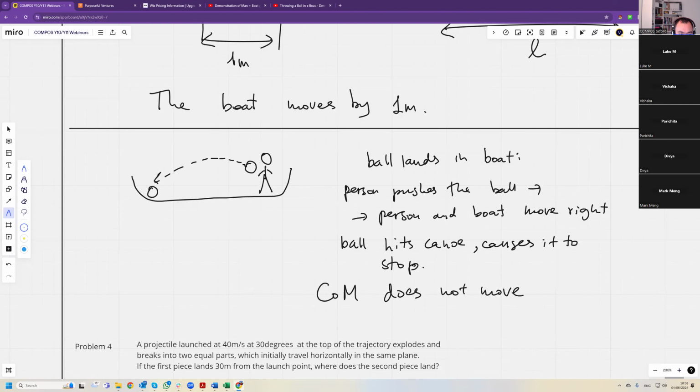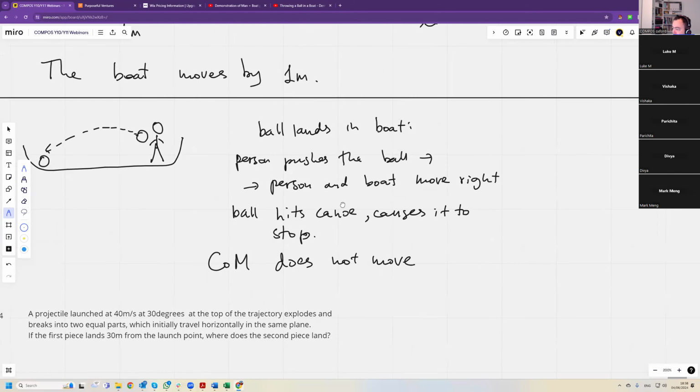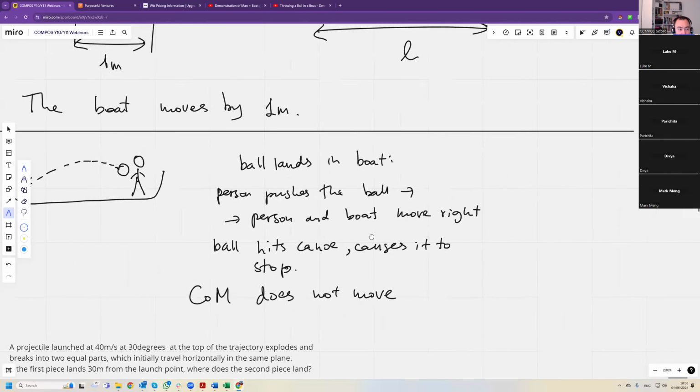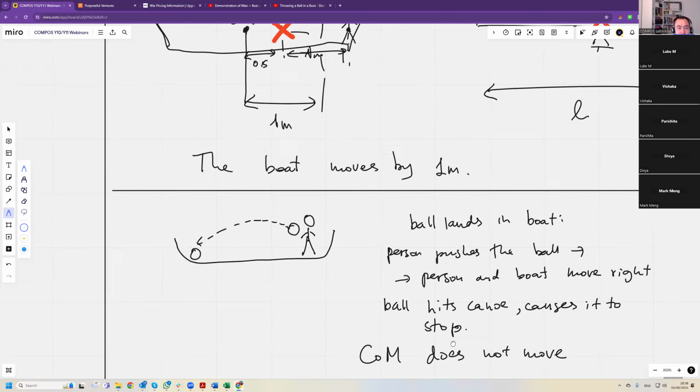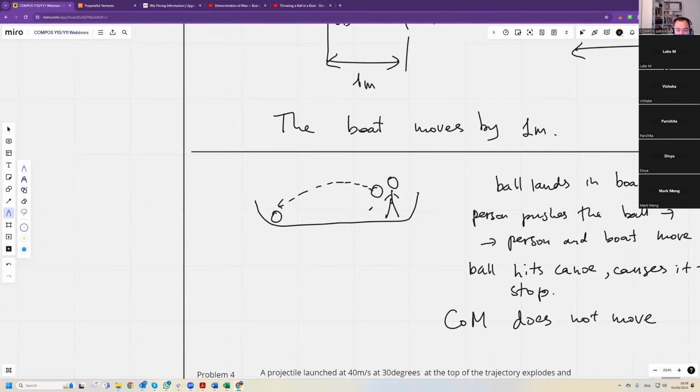So the ball moves to the right, the canoe moves to the left, but the center of mass stays where it is. No, it's exactly how it was in the previous one. Center of mass of the boat, center of mass of the person. Now, in this case, you have center of mass of the ball and the person. So the boat moves slightly to the right.